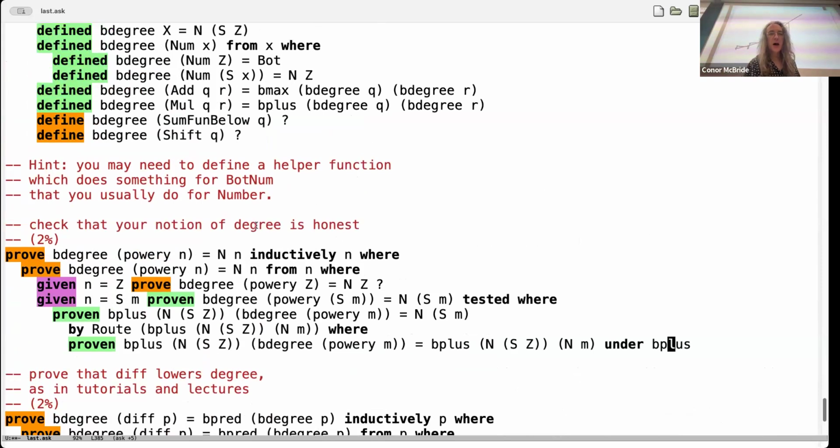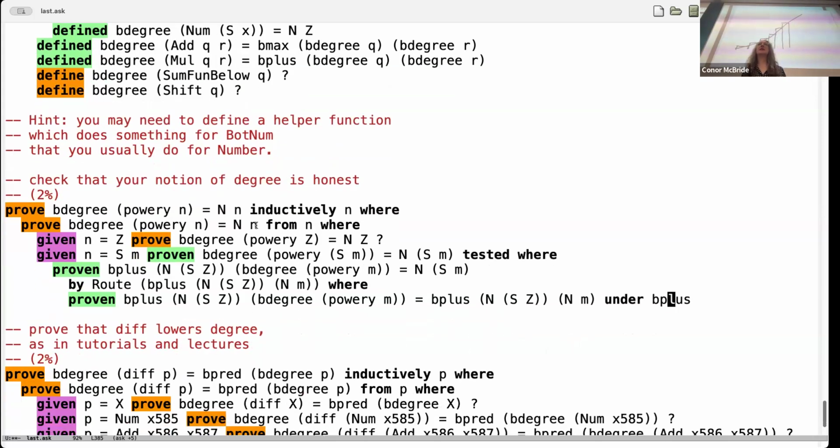Okay. We're back at the degree of some fun below Q. And once you've realized that, we know the diff of it, well, let's actually look.